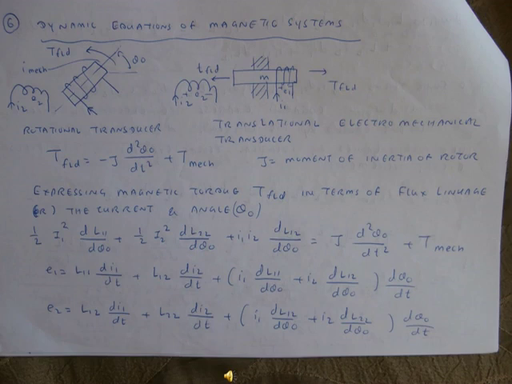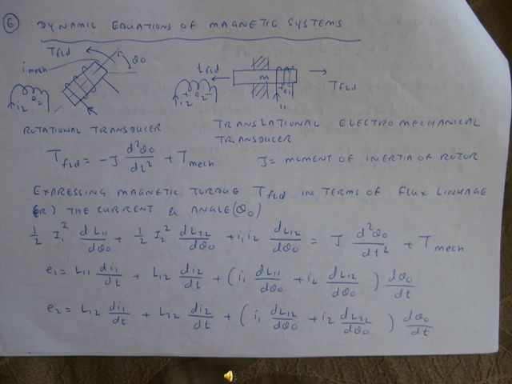So therefore, we write down the equation. This equation means that all the input electrical energy is equal to the mechanical energy plus acceleration. So we make the energy balance equation. All the electrical energy, half I1 square dA11 by d theta 0 plus half I2 square dA22 by d theta 0 plus I1 I2 dA12 by d theta 0, is equal to the mechanical energy plus rotation.